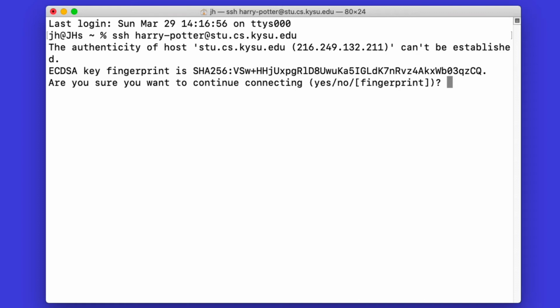So the system will now be given the opportunity to store and cache the remote public host key, so that subsequent connections can be checked against this cached key, so that if there is a man-in-the-middle attack, this can be detected, because only a host with the corresponding private key can actually initiate this and authenticate this particular connection.